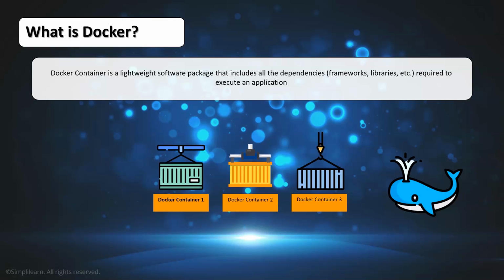So it's a complete package. Both the source code and the dependencies are what you put inside the Docker containers. Within these containers, you can have multiple applications, multiple programming languages, and multiple frameworks hosted. In fact, the databases also can be hosted within these Docker containers.